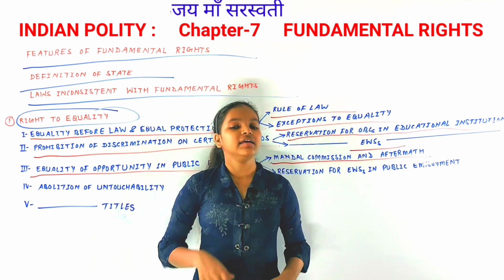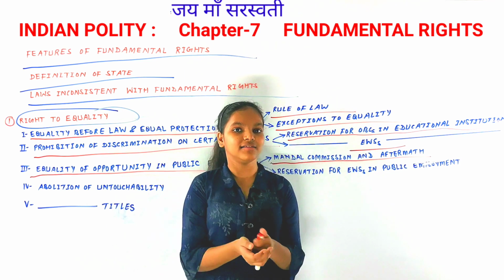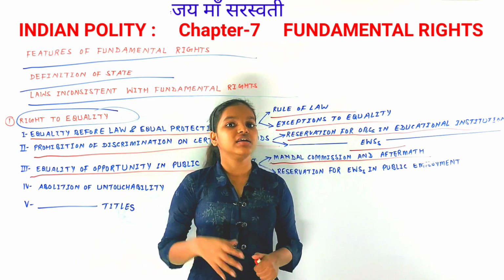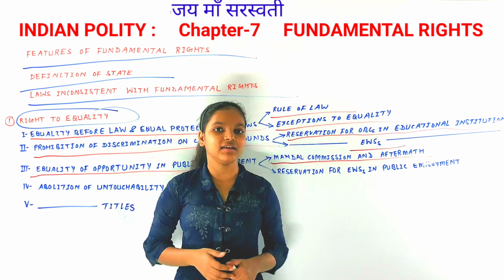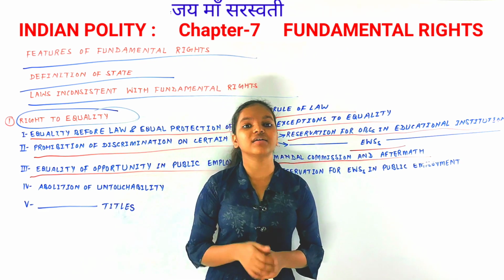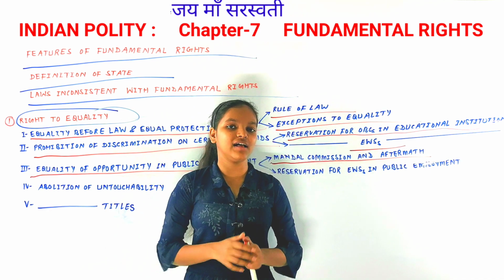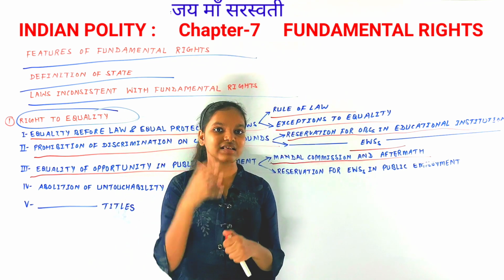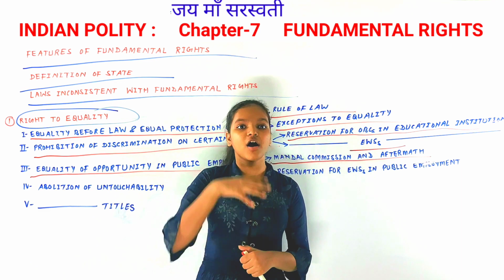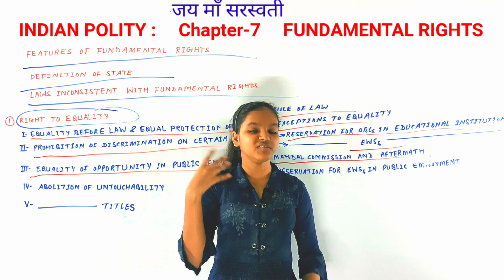And after that, in 1992, in the famous Mandal case, the Supreme Court invalidated the 10% reservation for the poorer sections among higher castes, but it adopted the 27% reservation for the poorer sections among OBCs.